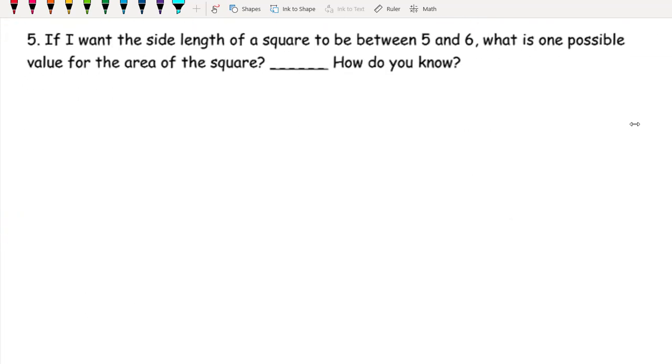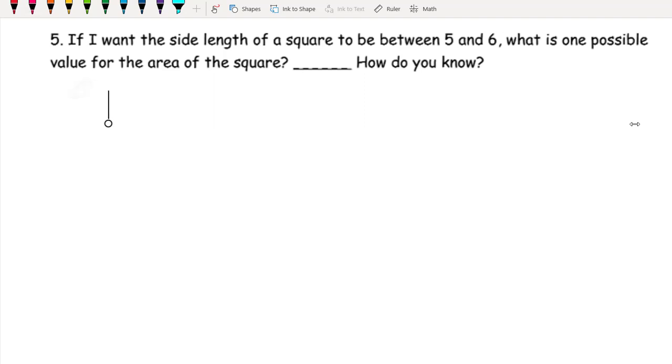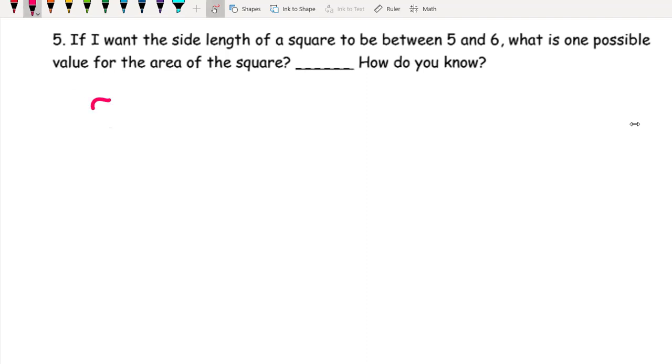If I would like the side length of a square to be between 5 and 6, what is one possible value for the area of the square? How would you know? Well, on a previous question, we talked about how 5 squared is 25.